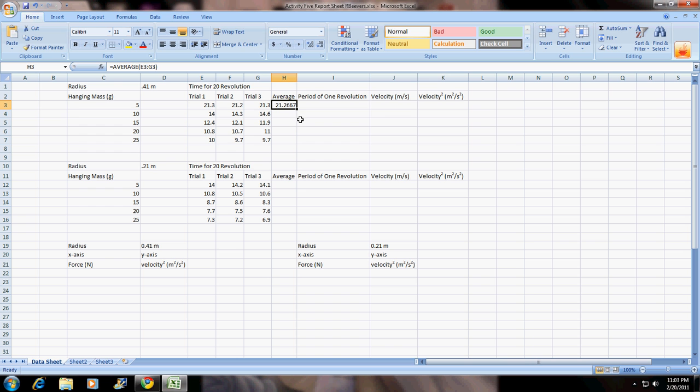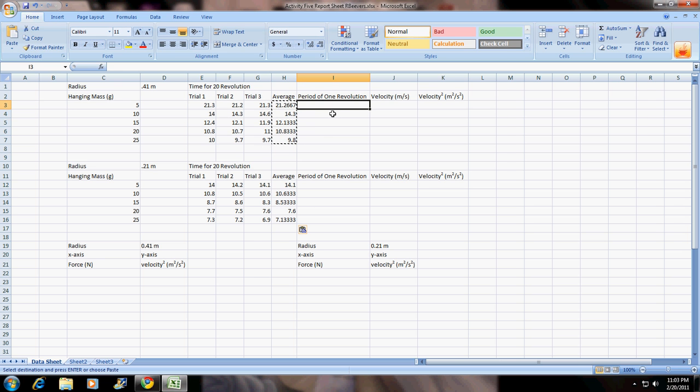If I click on that cell, go to the black square, click and hold down with the plus and drag it down, it gives me the average for each of these sets of data. Since it's all selected, I'm just going to copy it, go down here and paste it, and it gives me the averages for that data as well. So now I have the average for 20 revolutions or 20 turns.